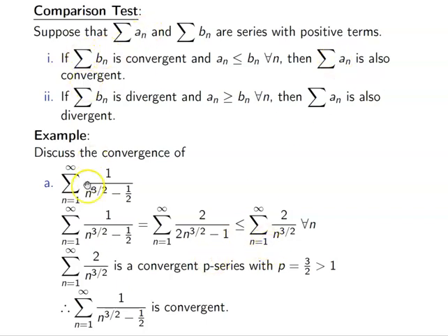If what I'm looking at is converging, I need this term for term to be less than the thing that converges. If this looks like something that diverges, I want to compare it with something that's less than it that diverges. So these two conditions of the comparison test are what drives how I'm trying to manipulate the series that's given to me.